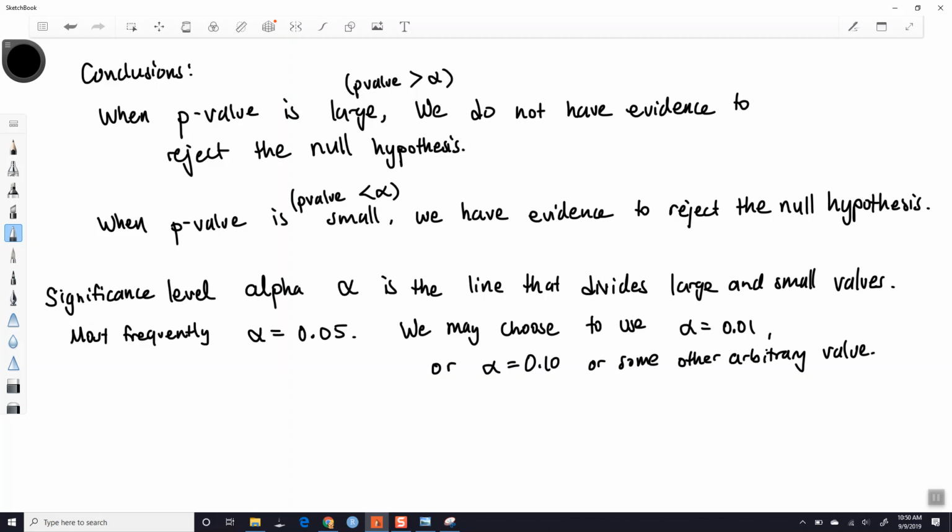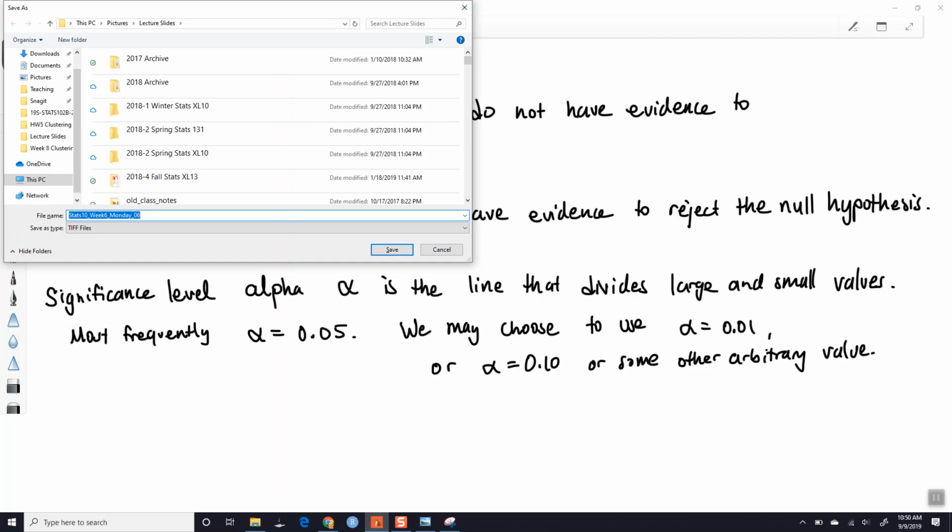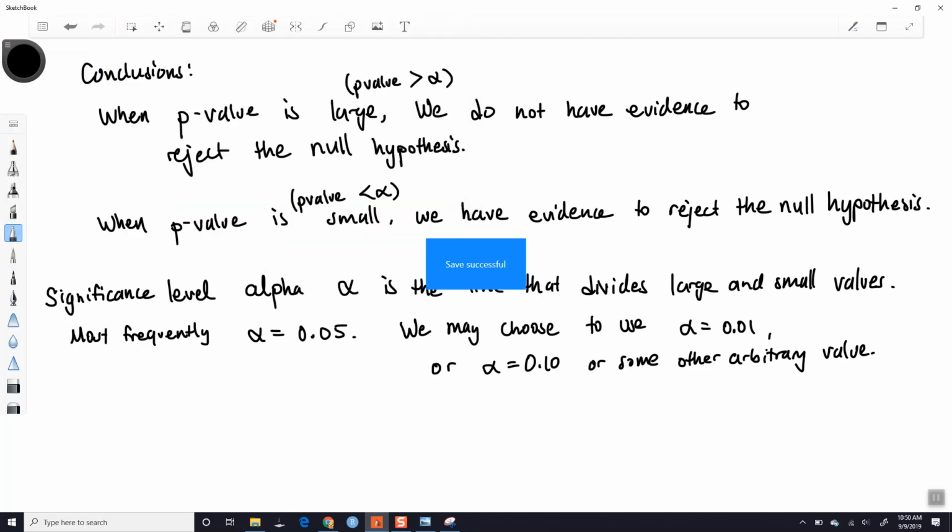So alpha is just an arbitrary value, all right? We have arbitrary values that form boundaries all the time. But with alpha 5%, so often if the p-value is bigger than 5, we say do not reject the null, and if the p-value is less than 5%, we'll say reject the null hypothesis, and that's kind of how it goes.